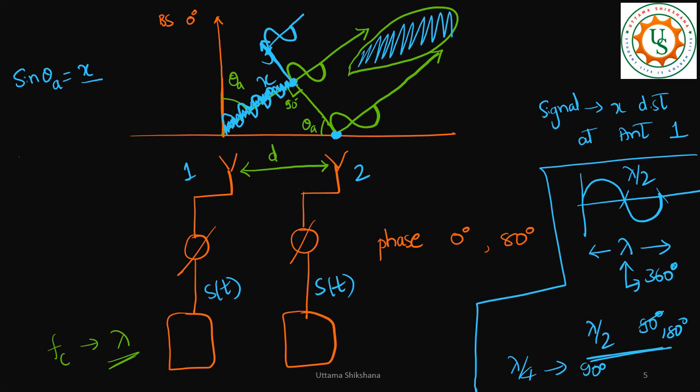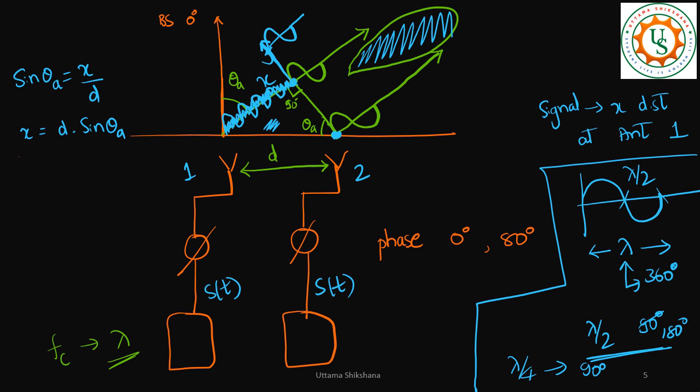As per this triangle, it is x by d, right? So x is equal to d into sine theta a.